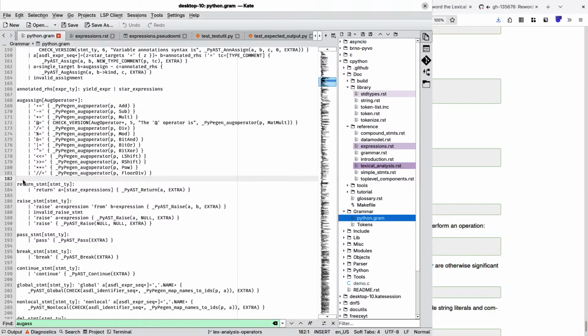But I'm trying to find some... delimiter doesn't appear in the grammar is more what I'm saying. No. So there must have been a reason that it was split. Yeah, is it just delimits two expressions?